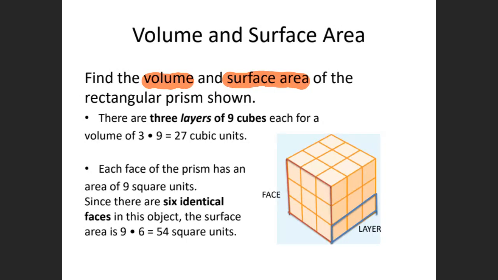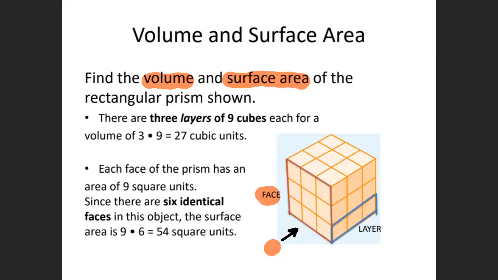Now, on this figure, they are going to be talking about a face. A face is one of the sides of the figure. This face, as you see, is kind of outlined in red. That is a face. And if we were standing right here, what is in front of us?